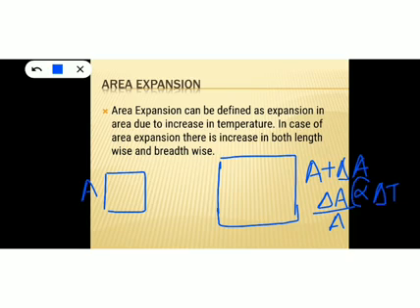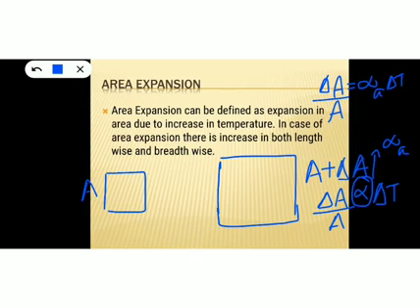This proportionality symbol can be removed by adding a constant, and that constant is alpha A, the area expansivity or coefficient of area expansion. So we get delta A by A is equal to alpha A into delta T. And from this, alpha A is equal to delta A by A into delta T.